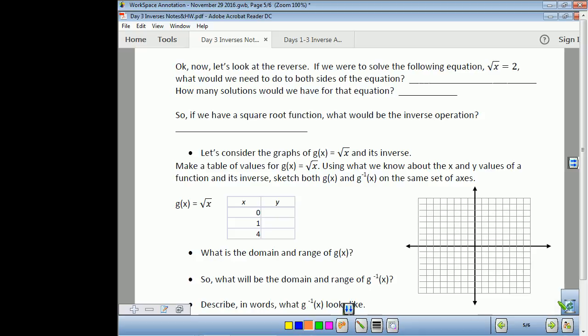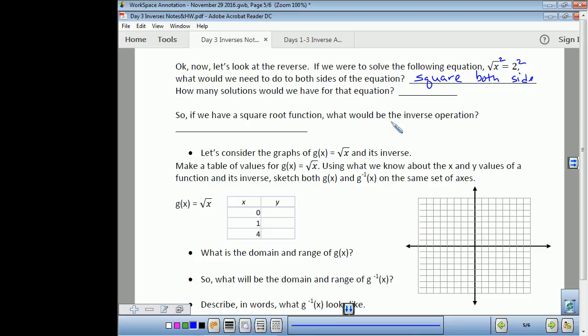Alright, let's flip over to the back. Now we're going to look at the reverse. If we were to solve this square root equation, square root of x equals 2, what would you need to do to both sides of the equation in order to solve? Square. We would square both sides. If I square both sides, how many solutions do I get?